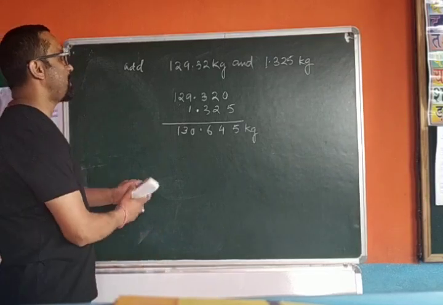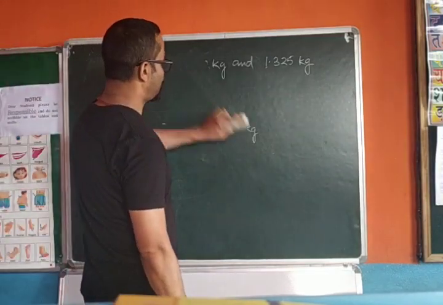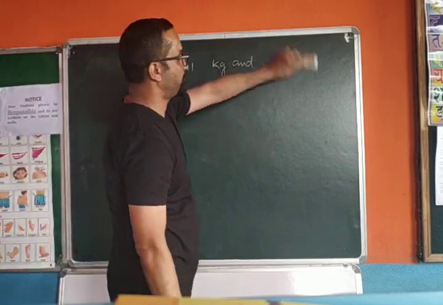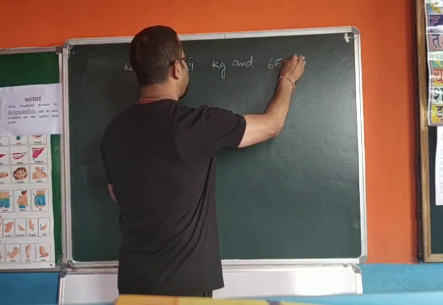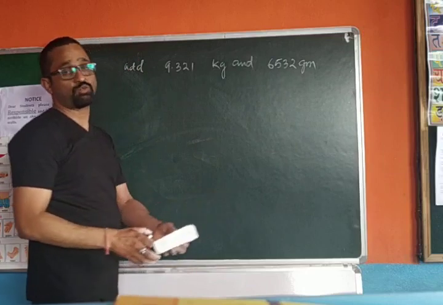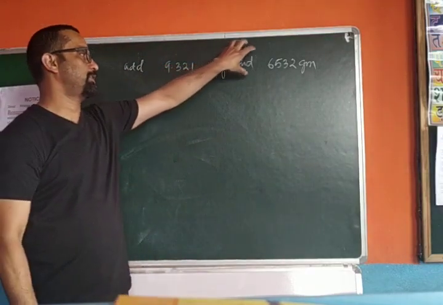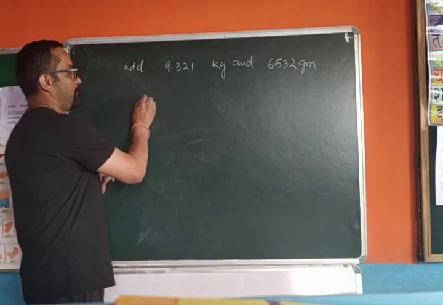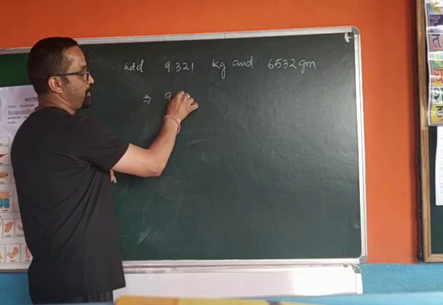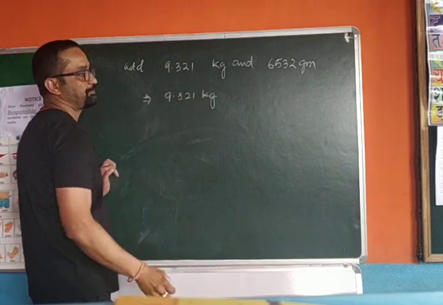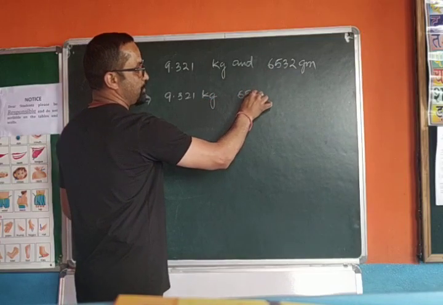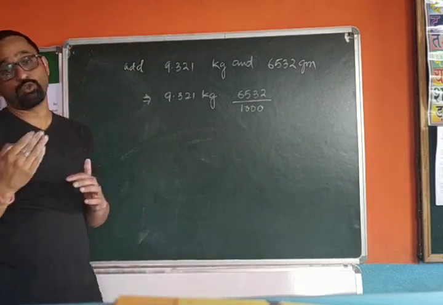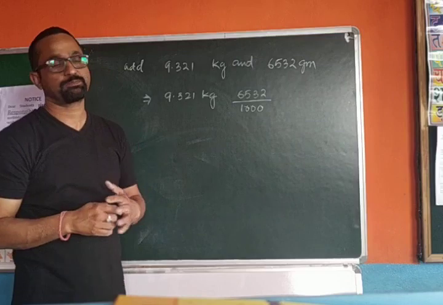Similarly, you may get questions like this: 9.321 kg and 6,532 grams. Look at this one. One is given in kg, another one is in gram. Cannot add it up. So what do we do? We write 9.321 kg, and 6,532 divided by 1000. When you convert gram into kg, you have to divide by 1000.